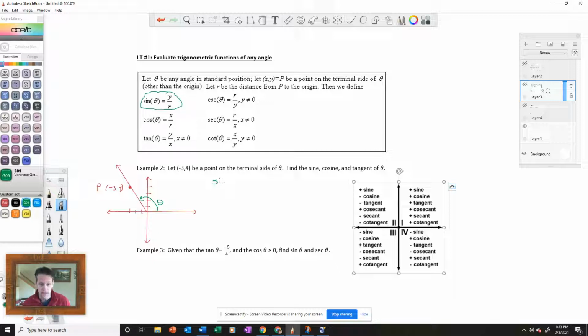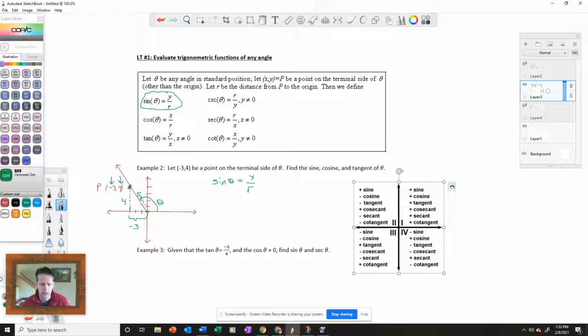We're going to say that the sine of theta is y over r. The y value is right here, and it's 4. And you can see that from the point, obviously. The x value is here, and it's negative 3. And of course, you can see that also from the coordinate point. The distance from that point to the origin, of course, is still 5.